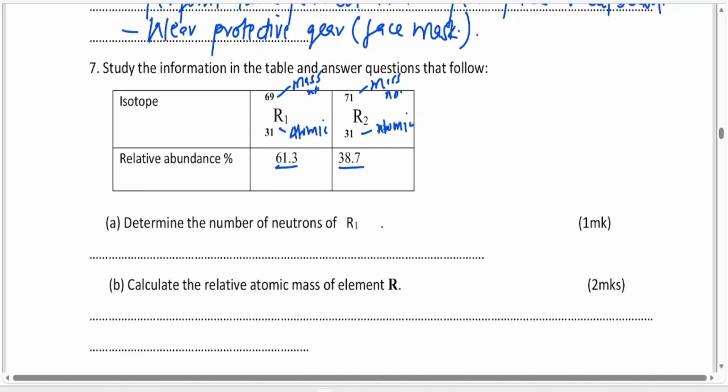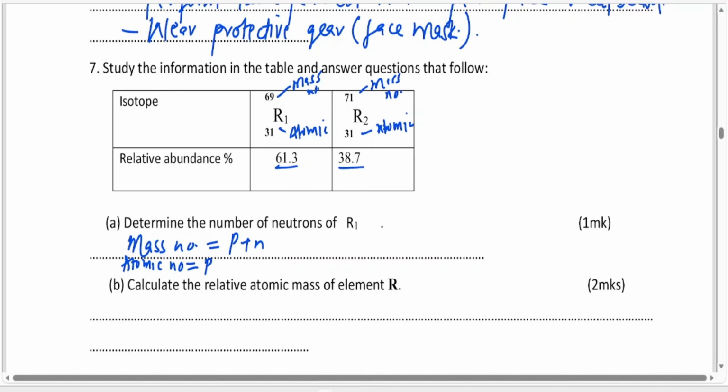Part A of this question, determine the number of neutrons of R1. How do we determine the number of neutrons? We need to understand the structure of the atom very well and the principles that govern it. We know that mass number is given by the number of protons plus the number of neutrons. Atomic number represents the number of protons.